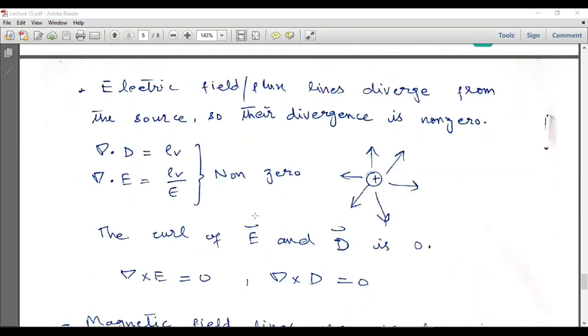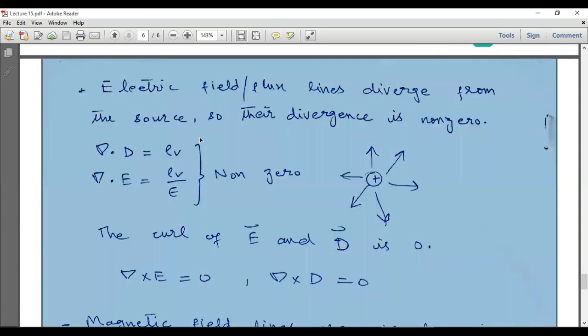One thing which we can deduce from these equations is that the electric field or electric flux lines always diverge from the source, so their divergence is a non-zero quantity. Divergence tells us whether the field is diverging from the source or not.